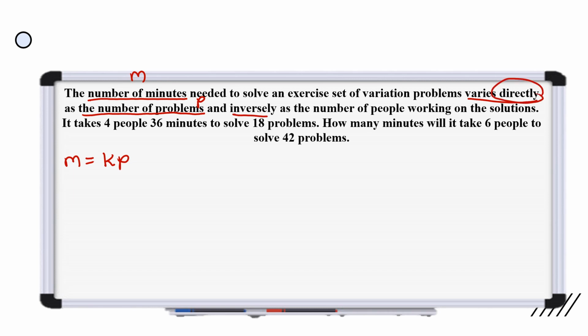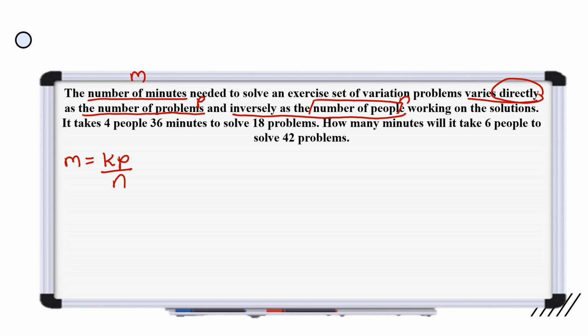And inversely as the number of people. So, gawin natin itong number of problems yon. Itong number of people, gawin natin N. Working on a solution. So, we have M is equal to KP. Ay, inversely pala. Sorry. So, over dapat yon. KP over N.